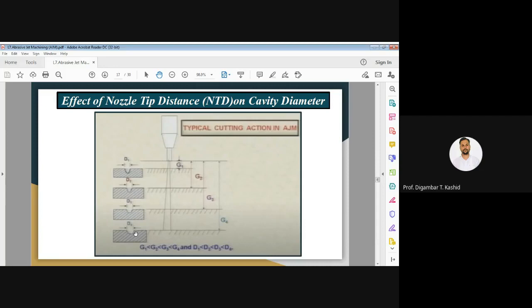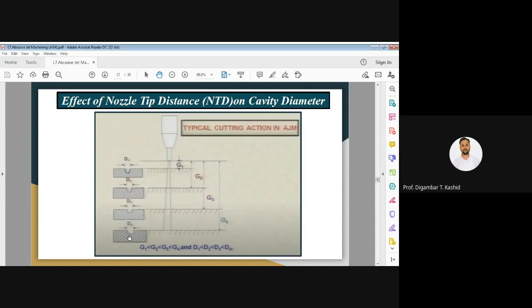However, please note that beyond a certain limit, if you keep on increasing this standoff distance or nozzle tip distance, the depth of penetration will keep decreasing.